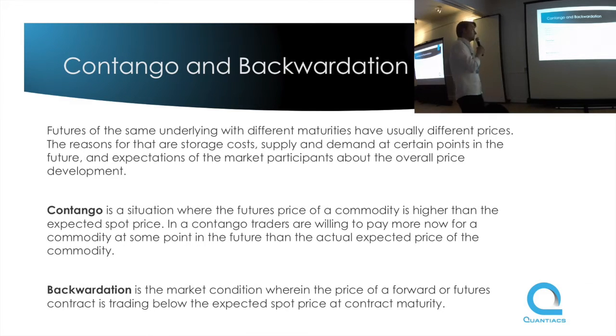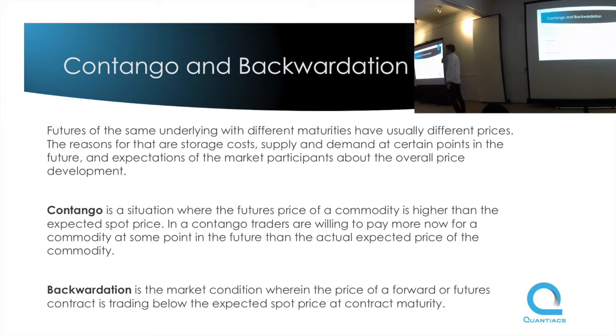For commodities where we do have a cost of carry, we say that they are in contango. That means that the price of a contract further ahead in the future is usually more expensive than the spot price, or a future that expires closer or sooner. This is contango. This is, so to say, the normal behavior of a future.